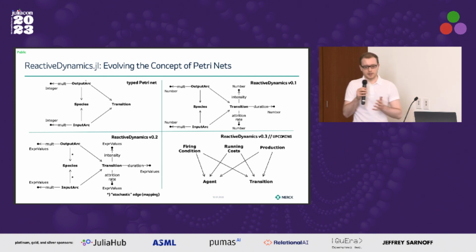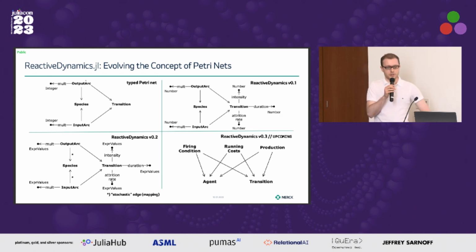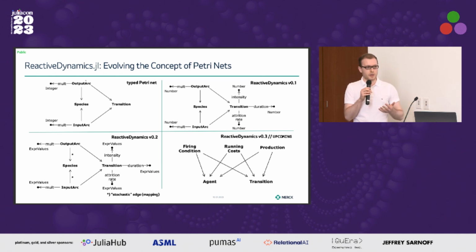There are tokens or entities that are moved by these transitions, and then we iteratively added attributes to the transition, for example the duration of the transition, the intensity, or the number of transitions that are spawned in a time unit, and also the probability of the transition terminating successfully, and so on.